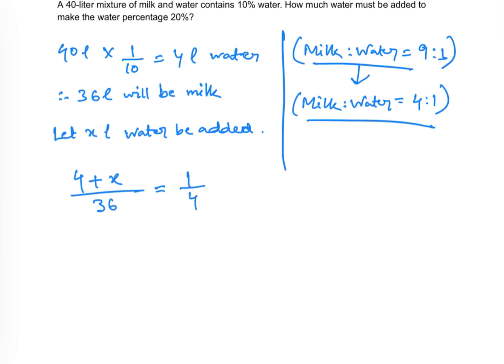From here it's a very simple equation to solve. We can simplify 4 and 36 here, and 4 plus x will be 9, or x will be 5 liters. 5 liters of water has to be added in that mixture.